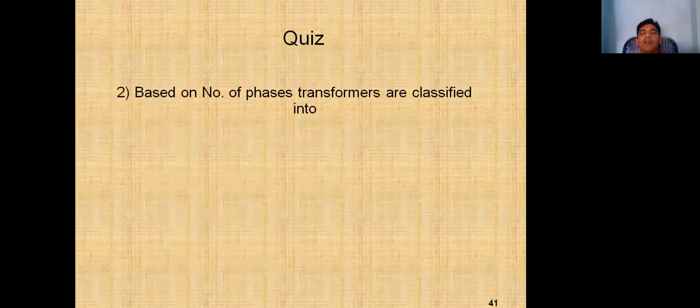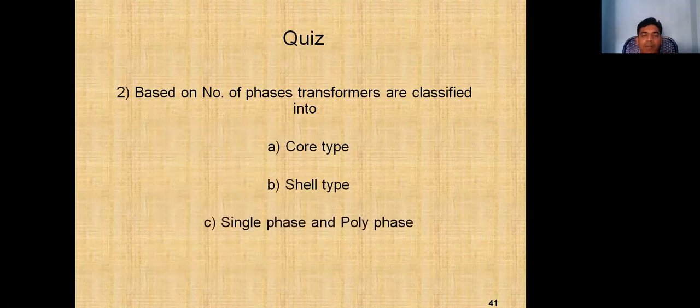Based on number of phases, transformers are classified into: option A, core type; option B, shell type; option C, single phase and polyphase. Based on number of phases, transformers are classified into single phase and polyphase.